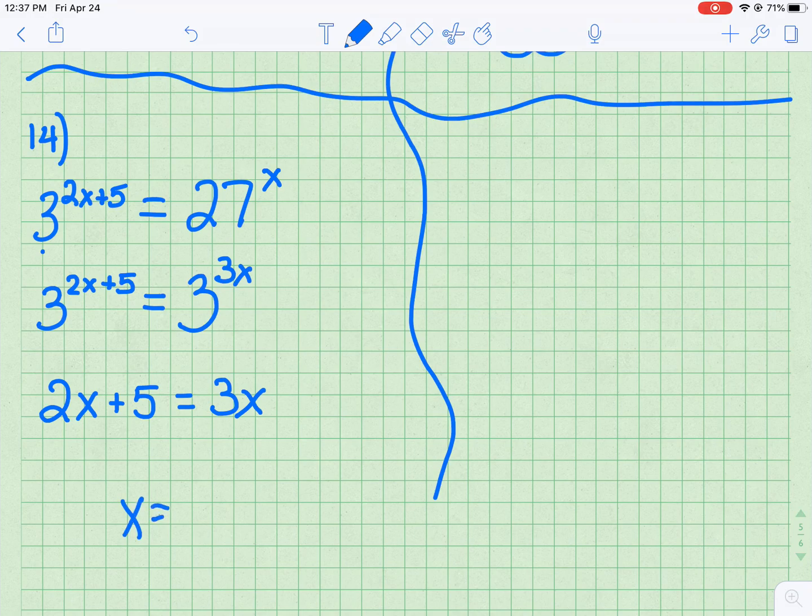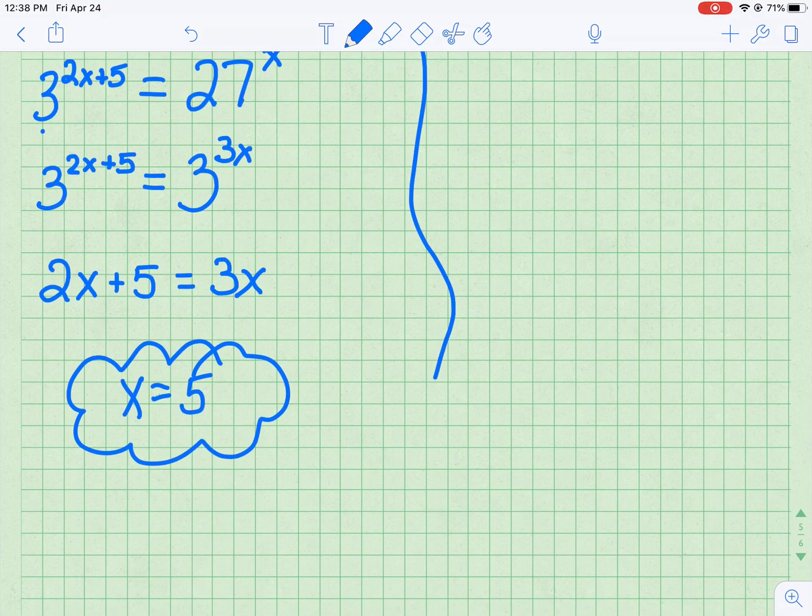When you solve it, I got x equals 5. Is that good? And then the last one.